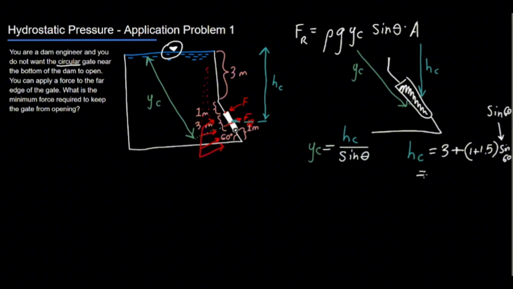And so we can actually calculate that. This value comes directly out to 5.165 meters. All right, that's our h of c. And we can then plug that in to get y of c. So we will have 5.165, and it'll be all over sine of 60.